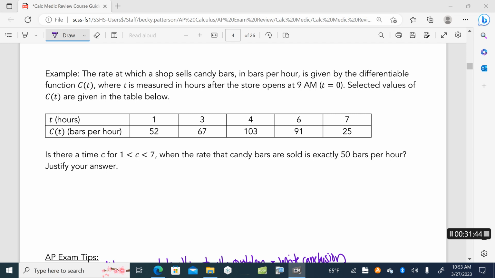It says the rate at which a shop sells candy bars in bars per hour is given by the differentiable function. Okay, now don't just gloss over that. That's super important.